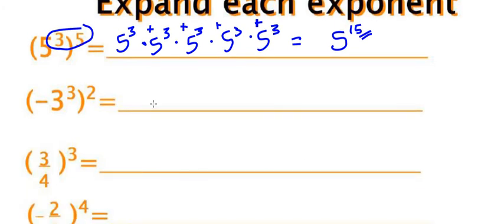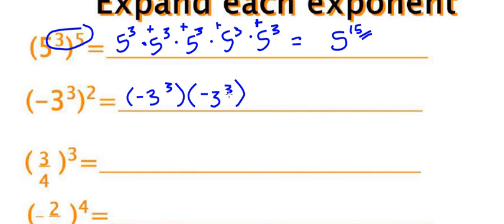All right, so in the next one here, it's telling us we're taking negative 3 to the third power, and we need that base twice. So this is going to be negative 3 to the third power the first time, and then negative 3 to the third power the second time. So again, this exponent of 2 tells me that I need 2 of the negative 3 to the thirds.